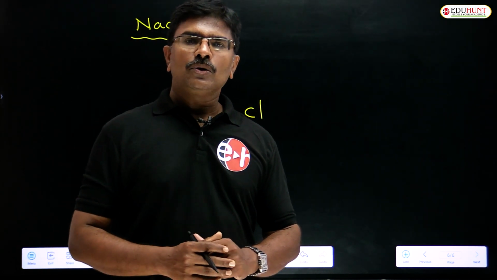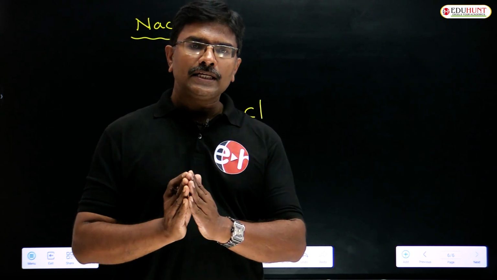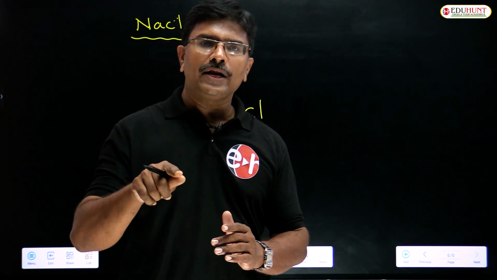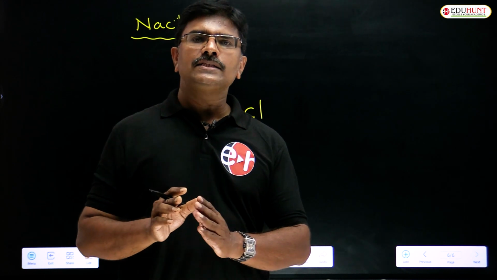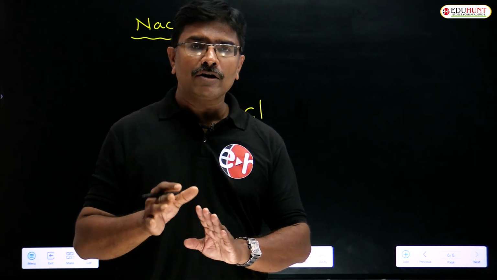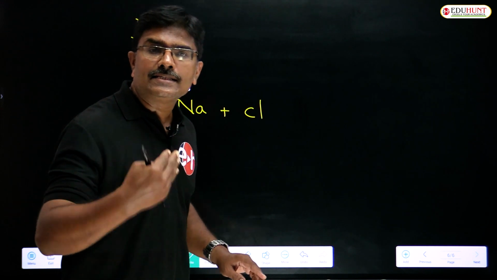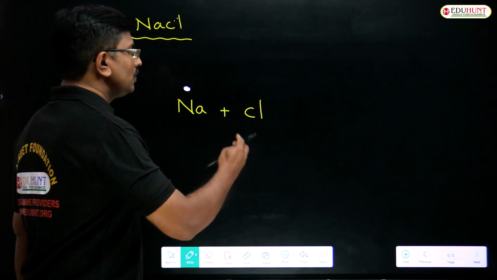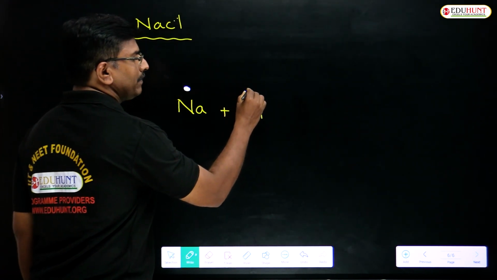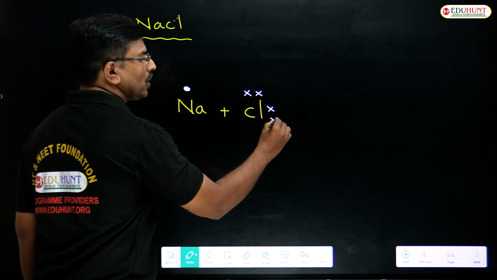Yes or no? So please remember, the third shell has 7 electrons in chlorine. That means its valency shell has 7 electrons. So the number of valence electrons of chlorine is 7, right?